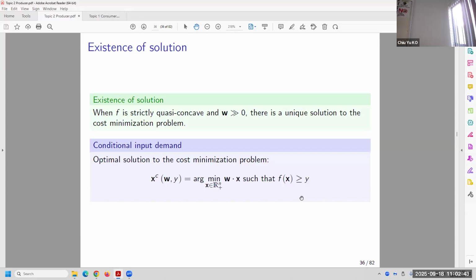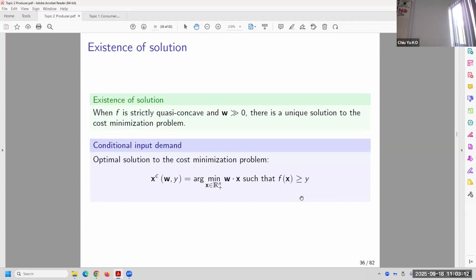Conditional here means that you have to tell me what your output target y is, and I will tell you what input I need. So it's conditional on y. For every y, we have this. Later we will take out the y and determine the optimal y, so that becomes input demand.